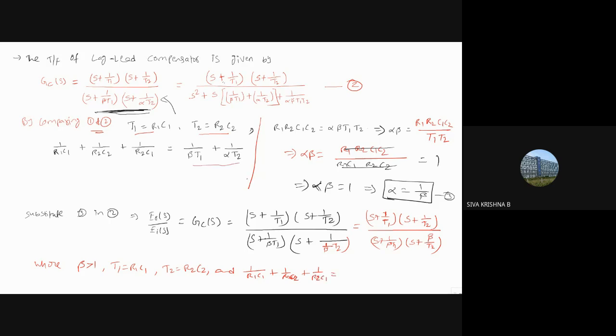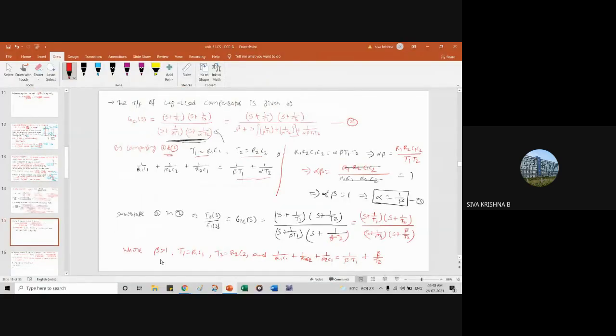Here also change alpha to beta: beta T1 plus beta by T2. So this is all about changing those things. Up to here is finished. Next class we will see the graph, and then we will move to PI, PID, and comparisons.